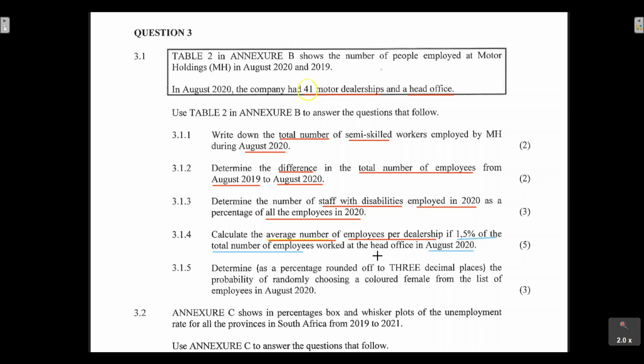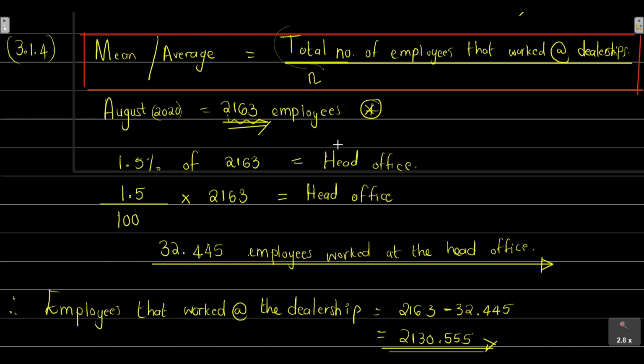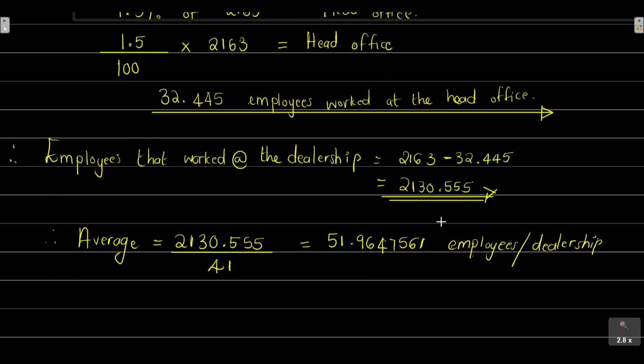Then we subtract that value from the total number of employees. From there, we use only the number of employees at a dealership to help us calculate how many employees we have per dealership. I hope I didn't confuse anyone there. I tried to explain it as simply as I can, so I hope I didn't lose anyone.